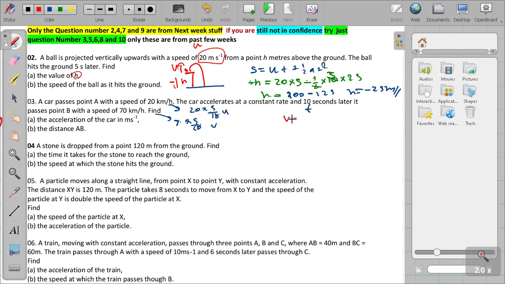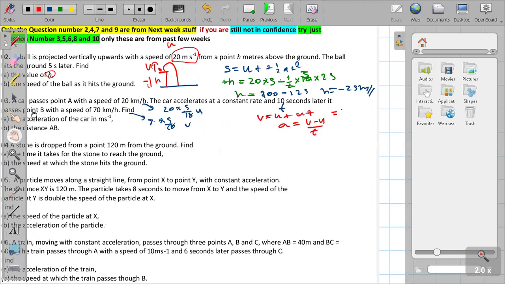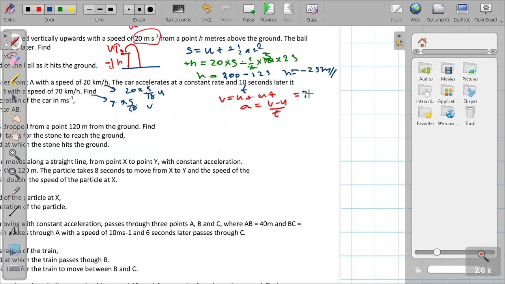We have to apply v equals u plus at. Twenty-five over 18.